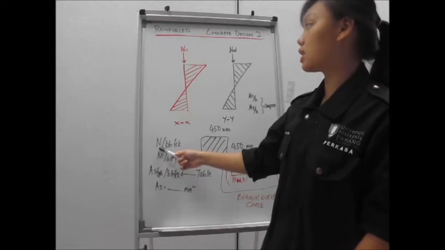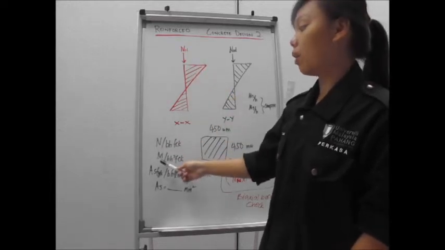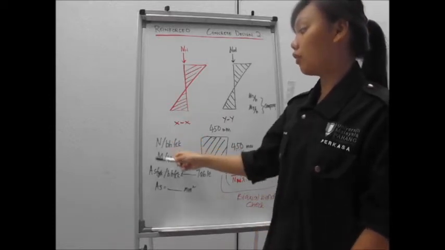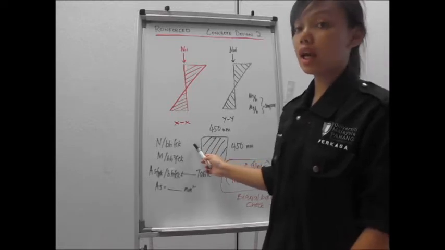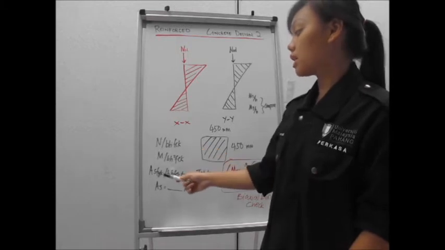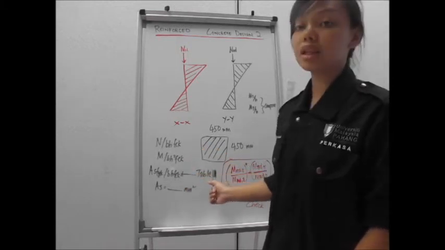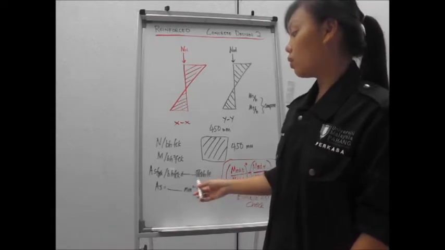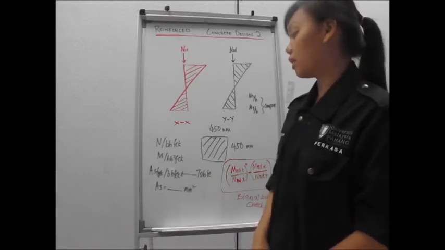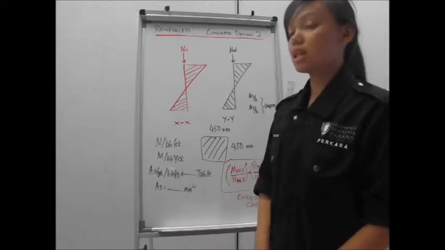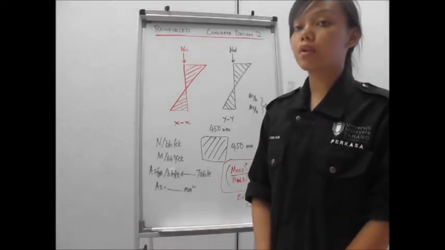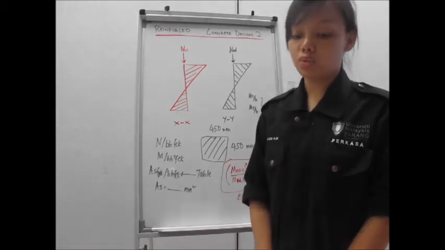NED is taken from the ultimate load and the moment is taken from the frame analysis. After we get the values, we find the AS FYK over BH FCK from the table. Then we know our AS required, and we provide the AS provided higher than the AS required.